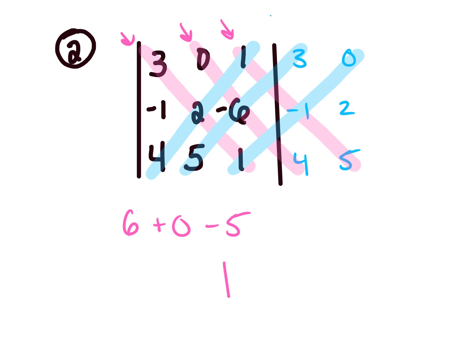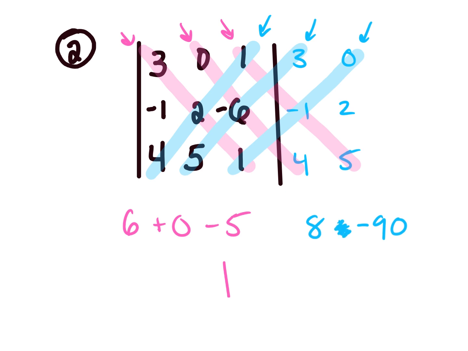Now let's do the same thing with our minors. 4 times 2 times 1, 8, plus 5 times negative 6 times 3. 5 times negative 6 would be what? Negative 30 times 3. Negative 90, so this would be minus 90.